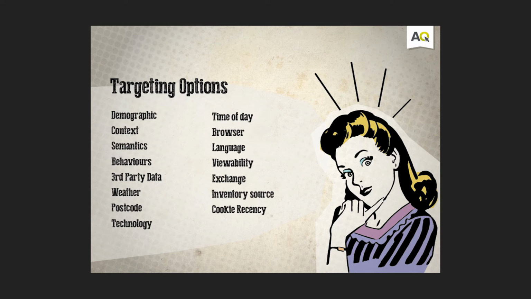Third-party data in New Zealand is growing. There's about 9 or 10 different vendors. The top vendors for third-party data are IOTA, AdThis, Exelate, Tata Exu, Lotame, Blue Kai. Weather targeting is great for a beer brand, for example.